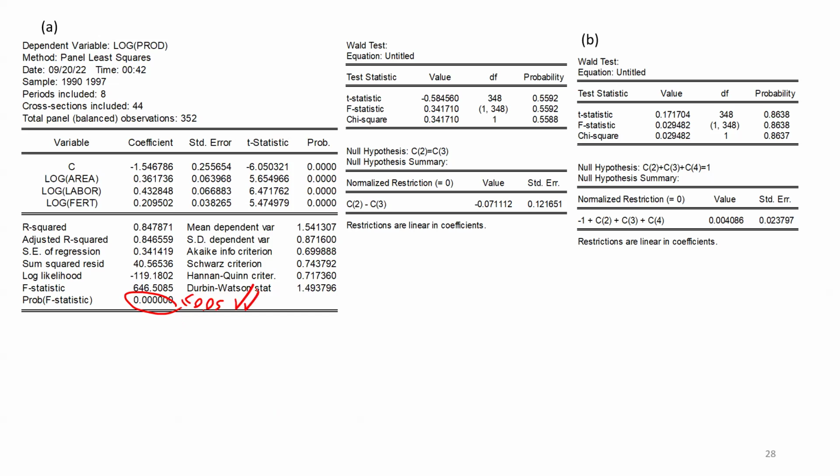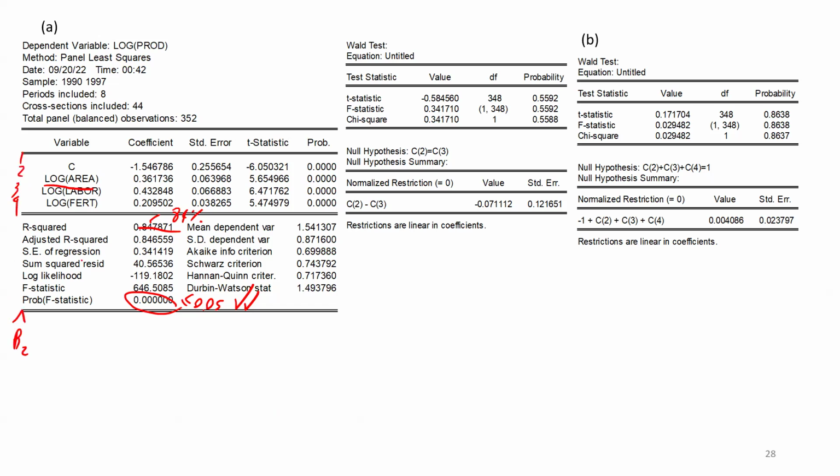Yes, good. Next one, R square. What does it mean? Good. How about log area? This log model, how should you interpret this model? One, two, three, four.